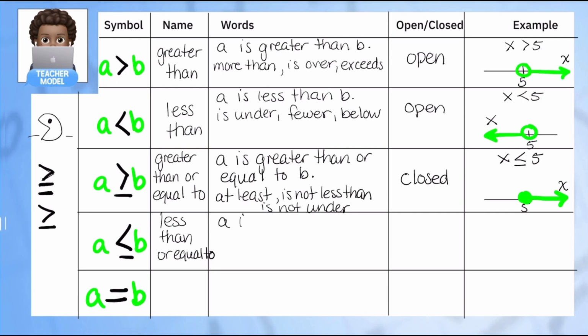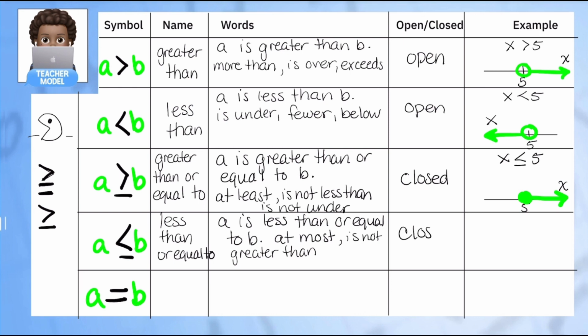So same thing. A is less than or equal to B. Other ways I can say this, I can use the term at most. So the most it could be is this number. Is not greater than. Whatever that number is, does not exceed, is not of more value. I can just use all those different words.